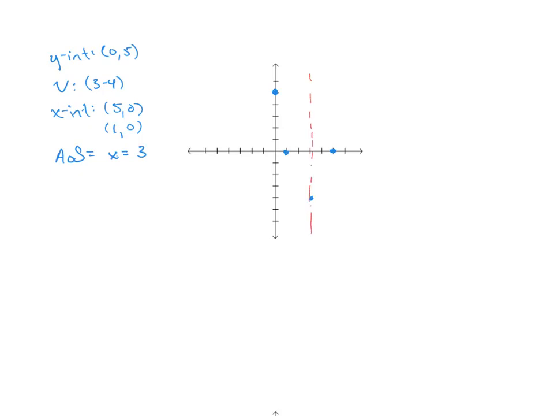I have my axis of symmetry, and I can find another symmetric point. Notice that to get from the vertex to the y-intercept, we have 3 to the left. So if I go 3 to the right, I have a symmetric point at (6, 5).